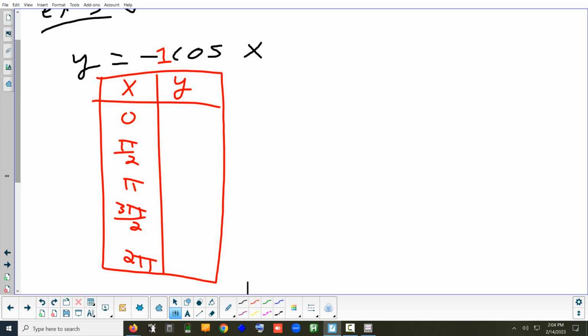What are my original y values for cosine? 1, 0, -1, 0, 1. And now we're going to multiply all those y values by something to get new ones. Jenna, what do we multiply them all by? -1. So I'm just going to plug times -1.